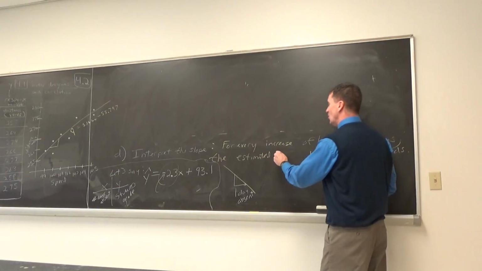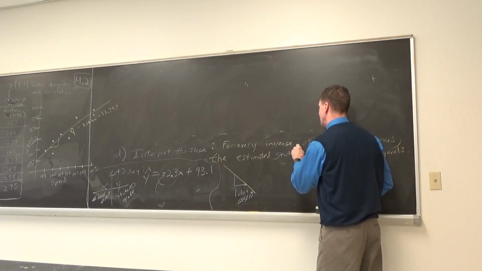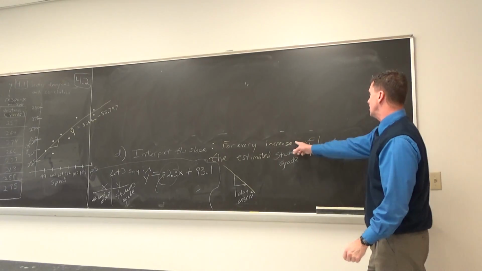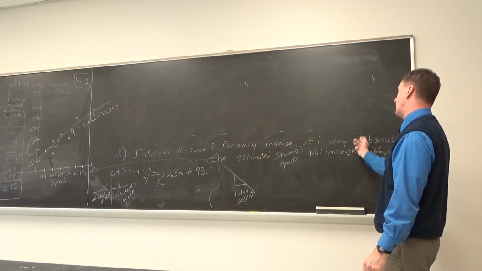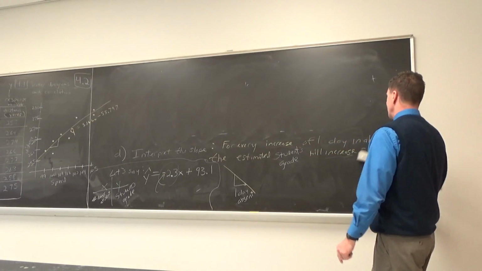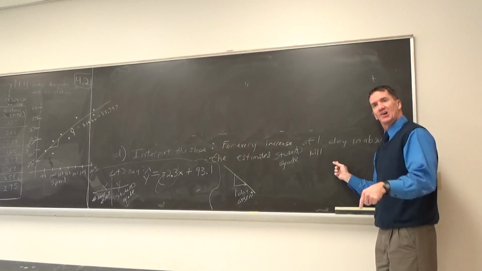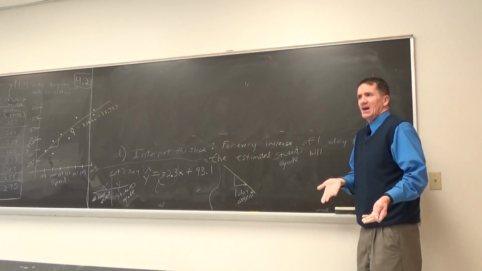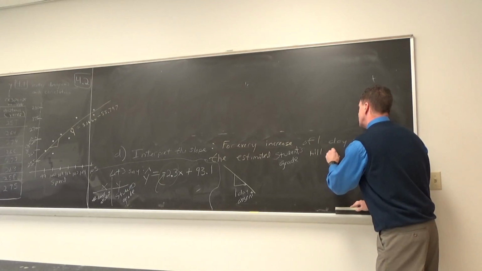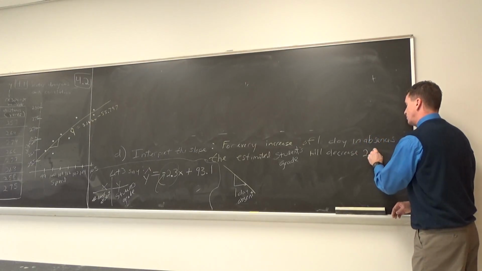Grade. Student's grade. For every increase of 1 day in absences, the estimated student's grade, what does it do though? Decreases. I can't say increase. We all know it drops, right? Do you want to use the word drops? You can. But I heard decrease, and I like that word. Will decrease how many points? 2.3 points. Decrease 2.3 points.